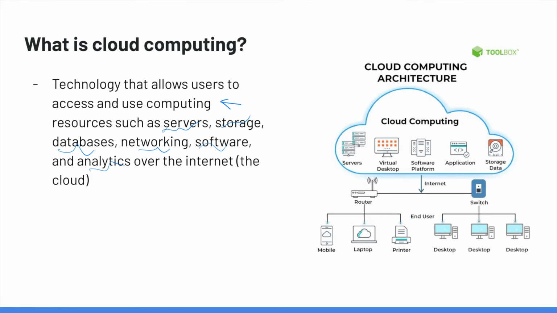A great example of cloud computing would be anything in the Google platform, like Google Drive, Google Docs, Google Sheets. All of that is cloud computing. But oftentimes things get more complex, especially when we host full web applications on cloud computing platforms. But to bring it back down to the simplest possible terms, it's just technology that allows us to access computing resources over the internet.